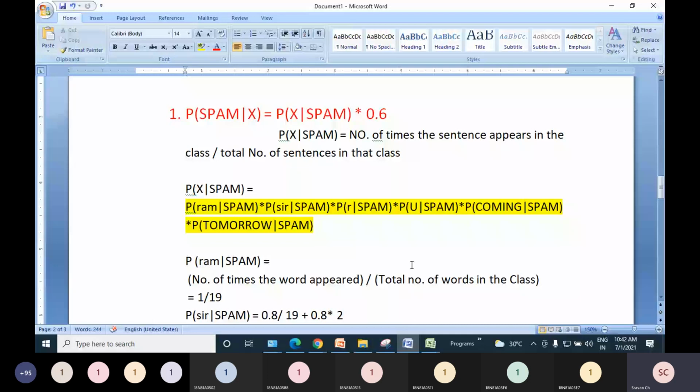So this will be 0.8 divided by 19.16. What is the answer? I'll just check it on my phone calculator. 0.8 divided by 19.16.